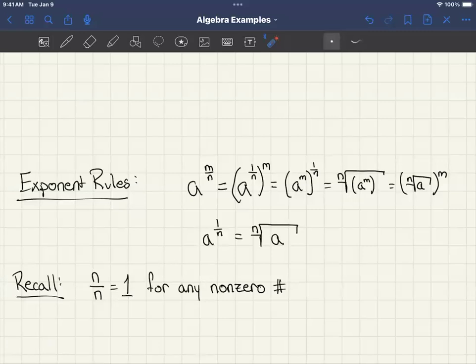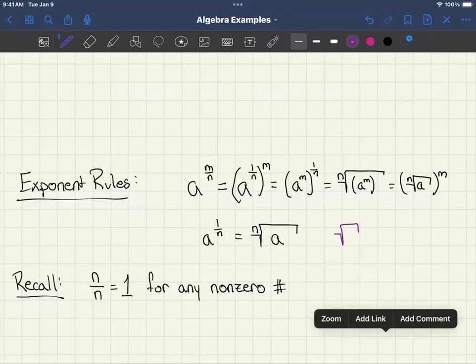I'm going to start off with the bottom one here. A to the 1 over n is equal to the nth root of a. And I'm going to do an example of that. So for example, if you are taking the square root of a number, let's just do 9.